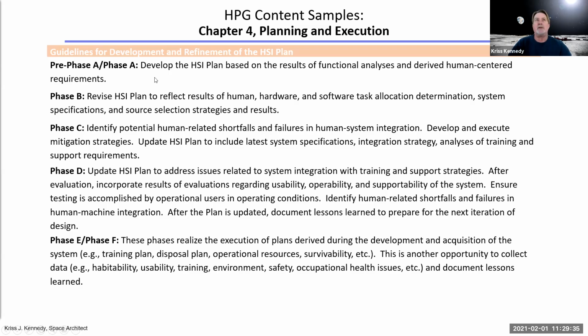And then it gives you a little bit of the guidelines on the aspect of development and refinement of the HSI plan. So in pre-phase A, phase A, you develop the HSI plan based on the results of the functional analysis and derived human-centered requirements, plus the concept of operation. And you can see in each one of these phases, you can read through how you would incorporate it or some of the things to look for.